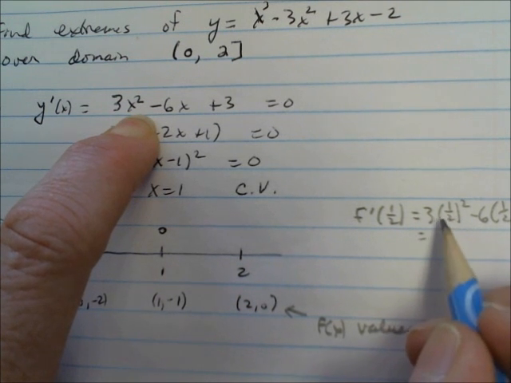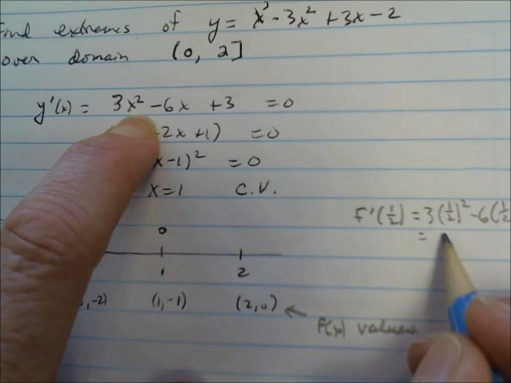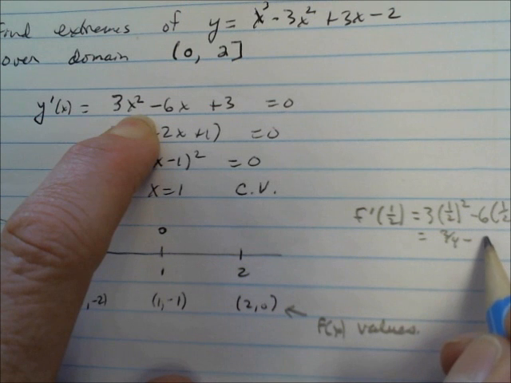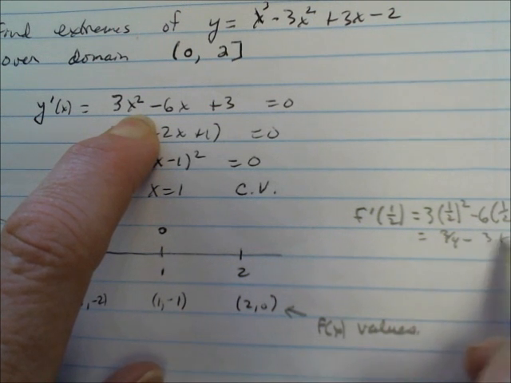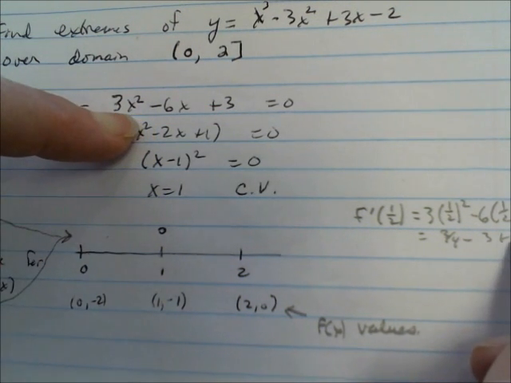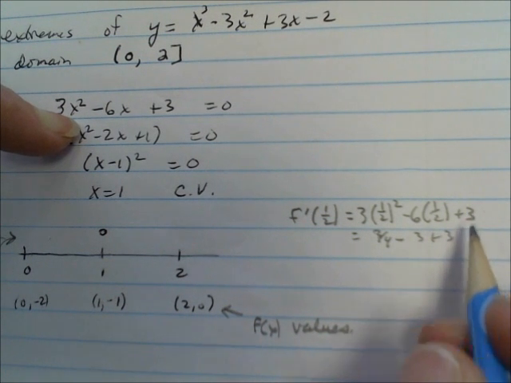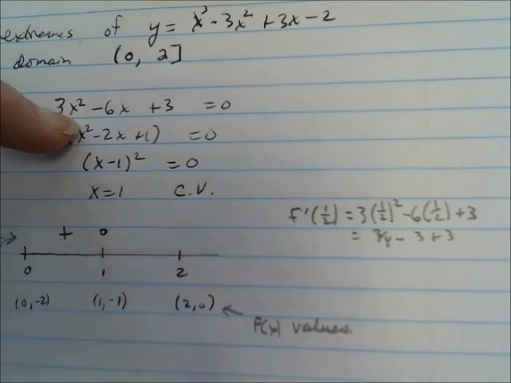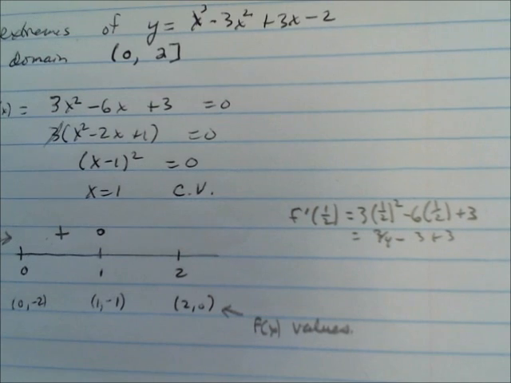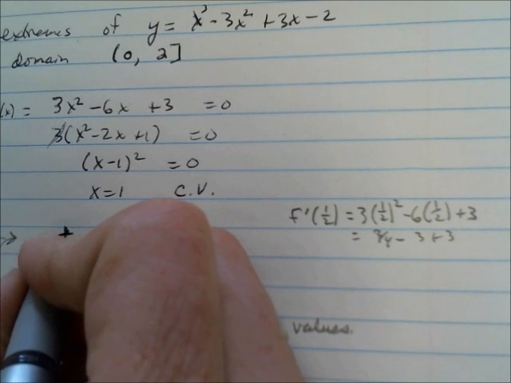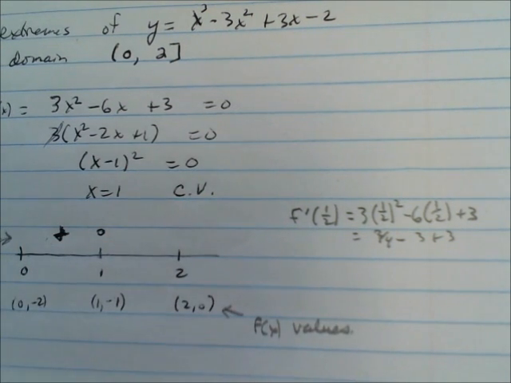Well, that is equal to 3/4 minus 3 plus 3. And that would give us a positive 3/4 answer over here. So I'm just going to be putting a plus sign right there because f prime of x is positive there. That just means that the graph is going to go uphill. It's going to have an increasing slope.